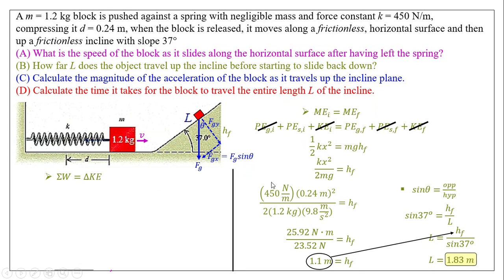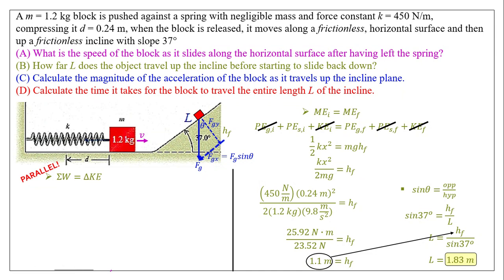Keep that in mind. In order to do work, I made a comment here that it's important to keep in mind that you need the force component that is parallel to the displacement. The box is moving up the ramp, which is now your x-axis, while the component parallel to the ramp is this F_gx that I have emphasized here in large.